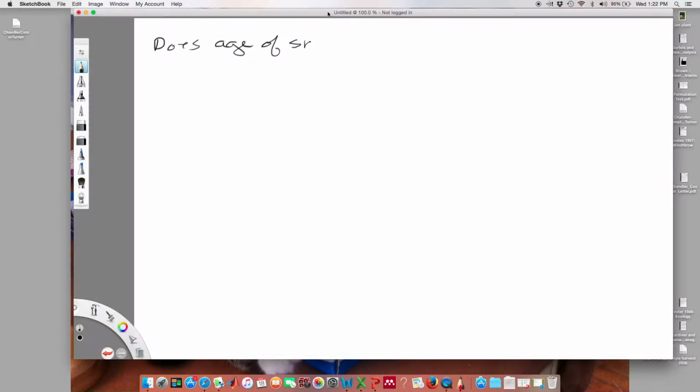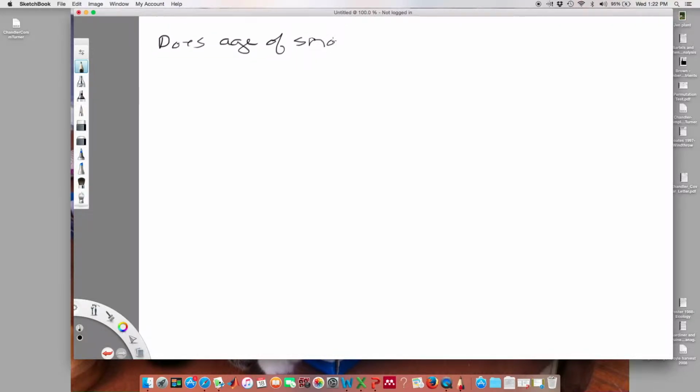So another really cool question, I think, does age of snowshoe hare determine whether individual is predated?